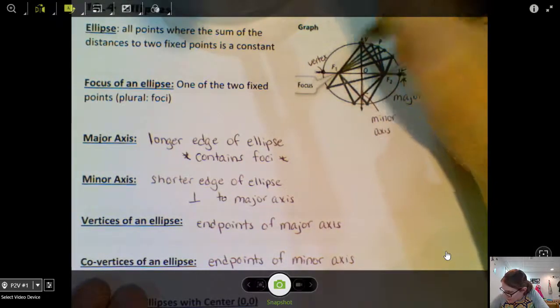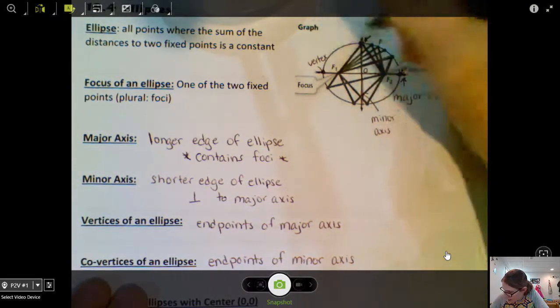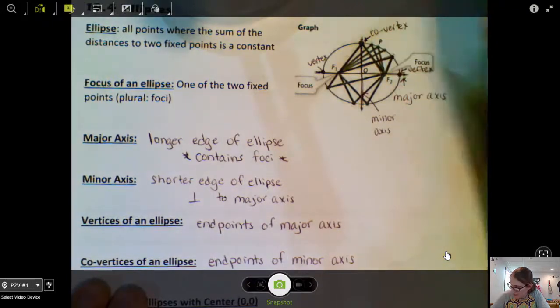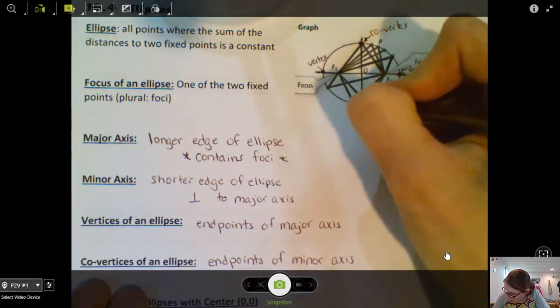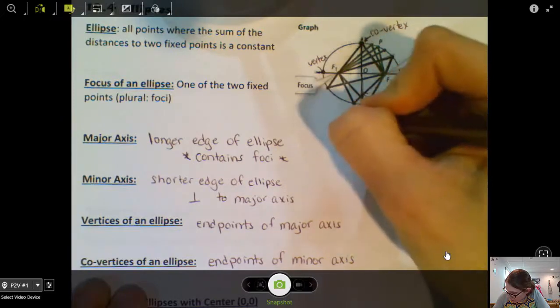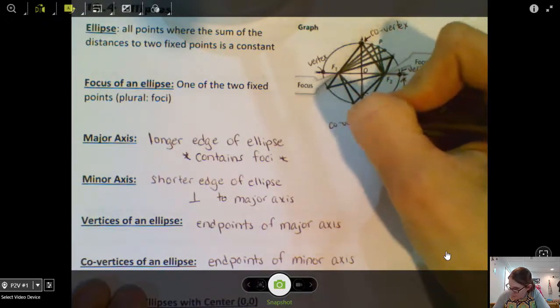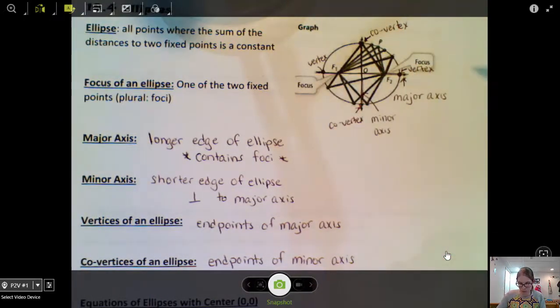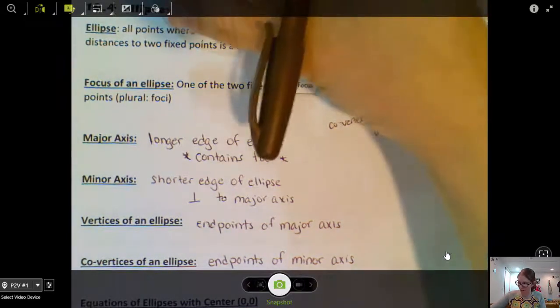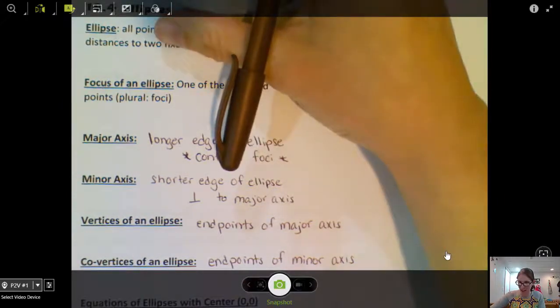Our co-vertices are those endpoints. We have a co-vertex here and a co-vertex here. All right, so there's all of our vocabulary.